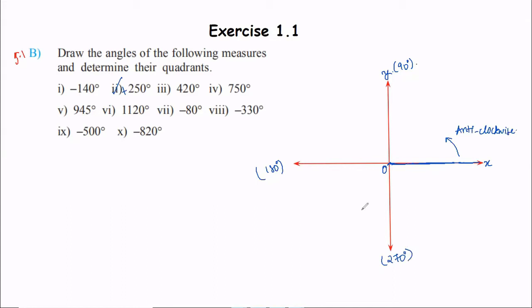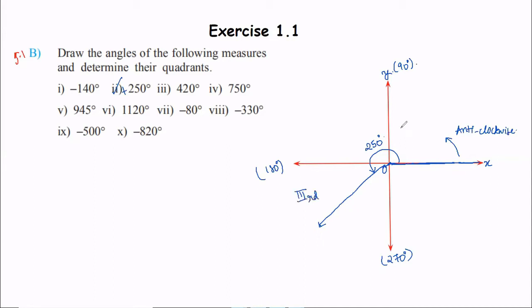So 250 will lie somewhere between 180 and 270. So you have to keep the protractor in the proper way on the origin, and then you can plot. You will get 250 in this manner somewhere over here. So this is the amount of rotation. This will be 250. And where will 250 lie? Again, it will lie in the third quadrant.